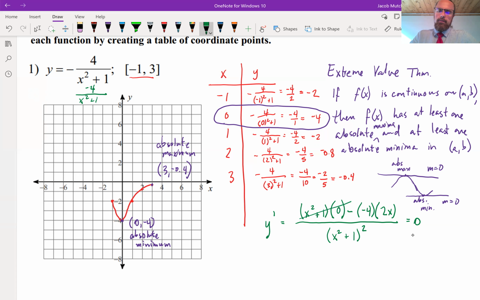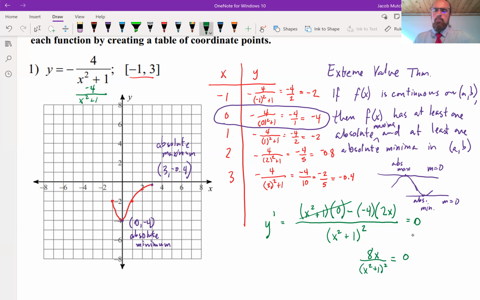So this first term in the numerator will cancel out, and for the second term, a double negative would be a positive 8x over (x squared plus 1) squared. So that really reduces quite a bit.